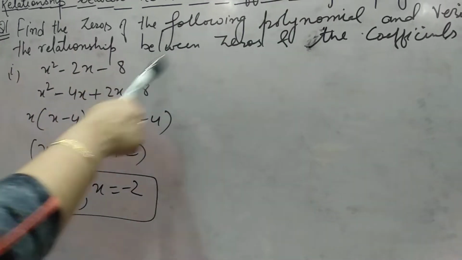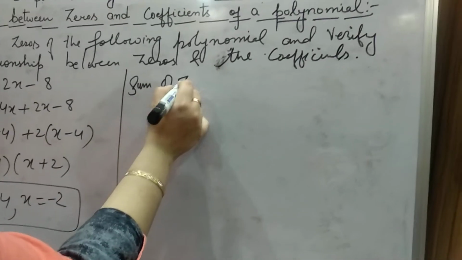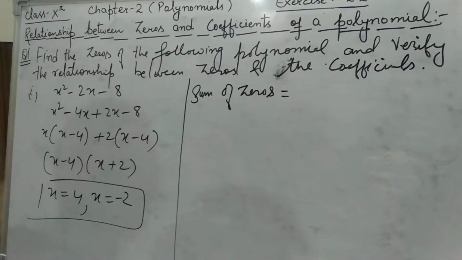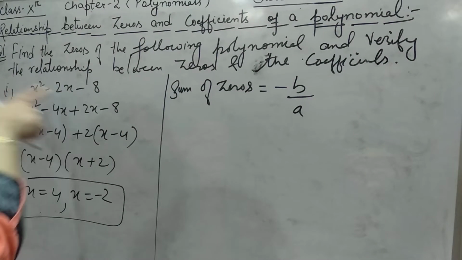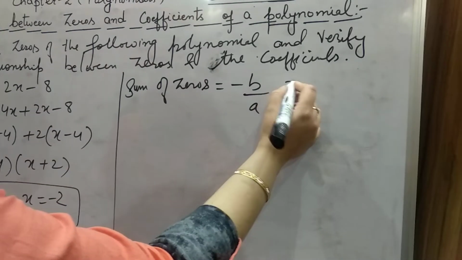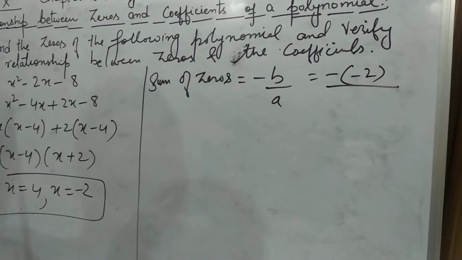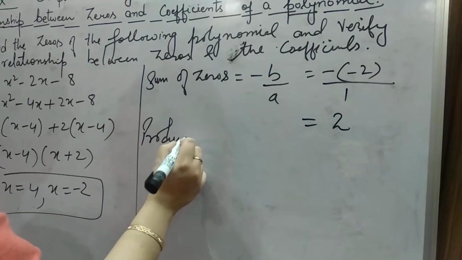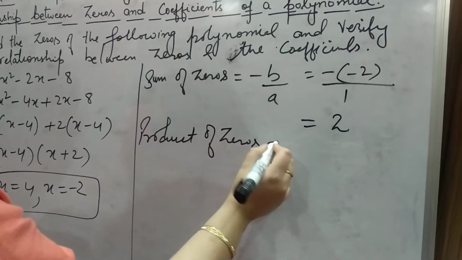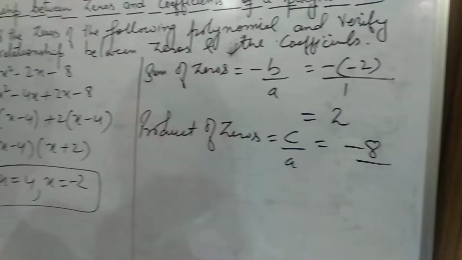These are the zeros of the polynomial. Now we have to verify the relationship between the zeros and the coefficients. Sum of zeros from the polynomial is equal to minus b upon a, meaning minus coefficient of x upon coefficient of x square, which is minus of minus 2 upon 1, that is equal to 2. And product of zeros is equal to c upon a, the constant is minus 8 upon a which is 1, that is equal to minus 8.